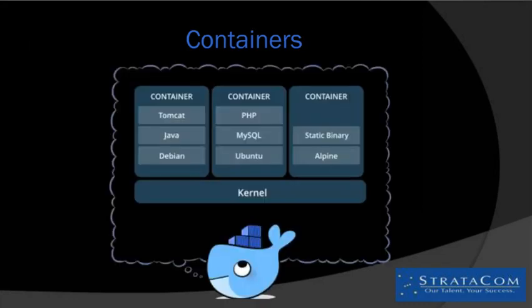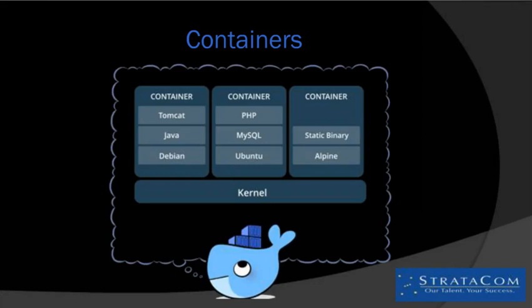This is just a screenshot right off a Docker website that explains a little bit how the containers might look and what's in them. You can see that these containers are all running on top of the same kernel, the same operating system. The first container's got Tomcat, Java, and Debian. The second container's got PHP, MySQL, and Ubuntu Linux.